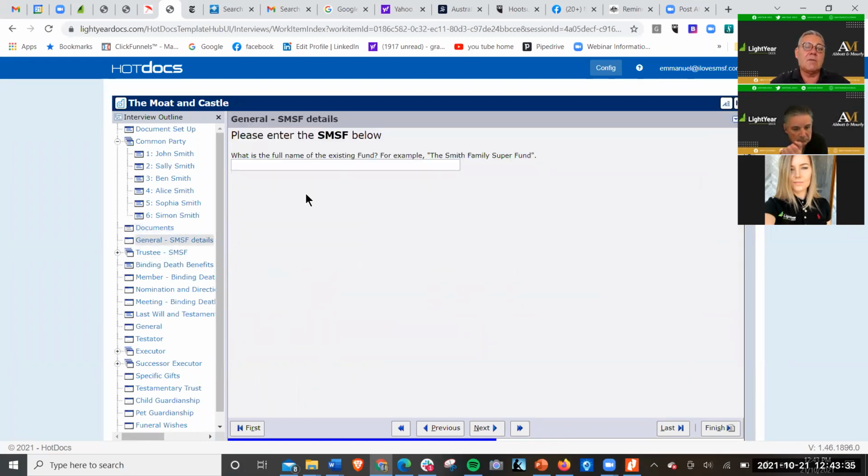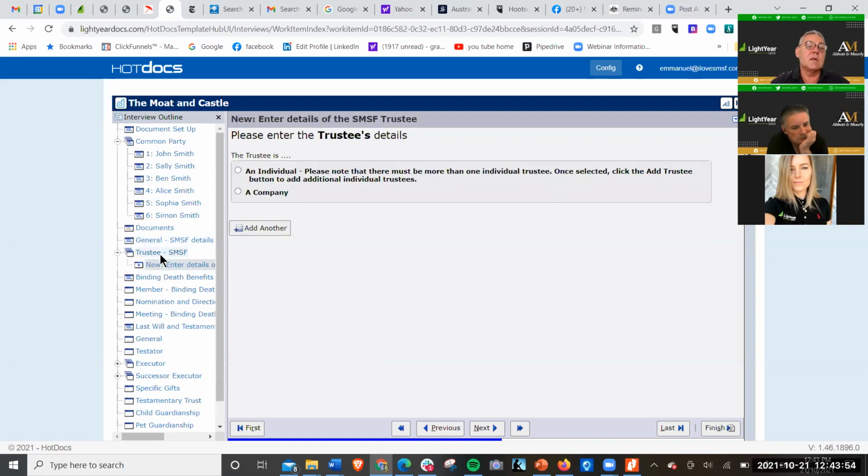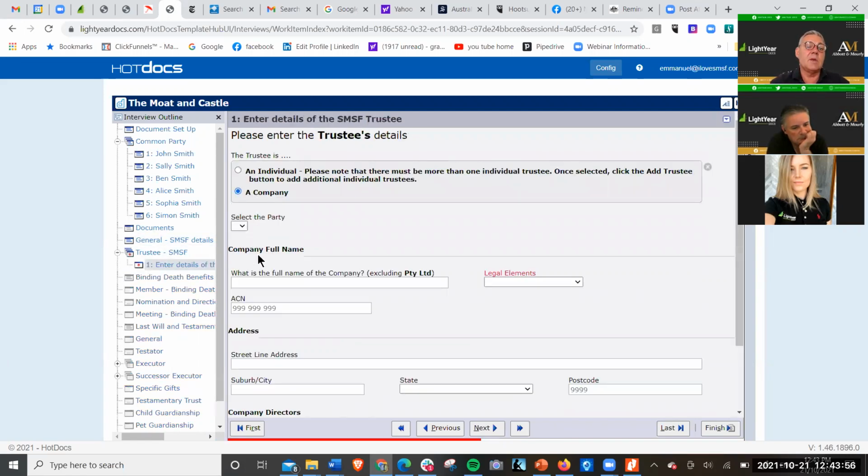So let's go through and have a look at the superannuation fund. Now, I would have put the corporate trustee already into the common parties, but I'm just showing you what to do now because I was assuming I haven't done it. So the trustee, we've just got a company here.